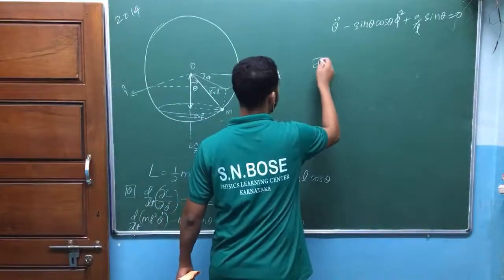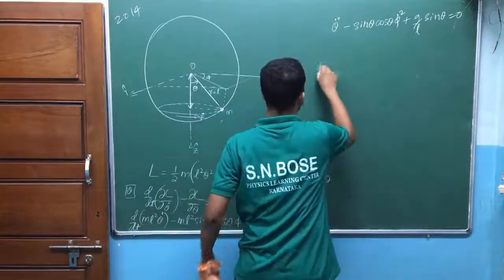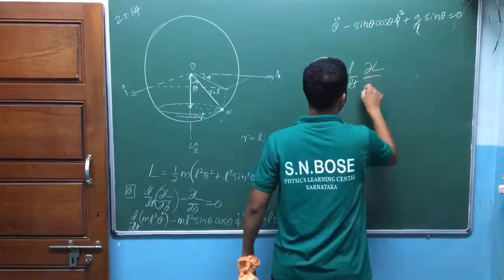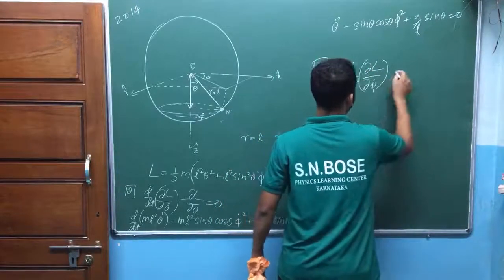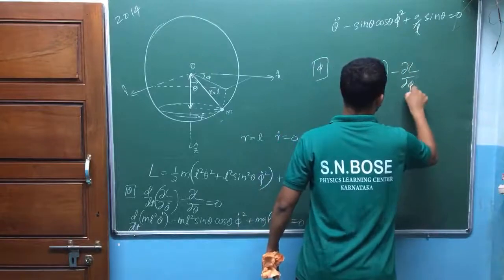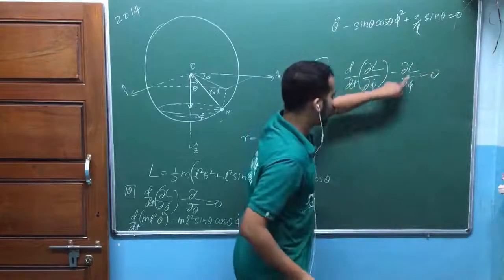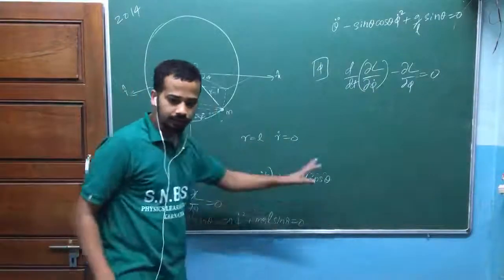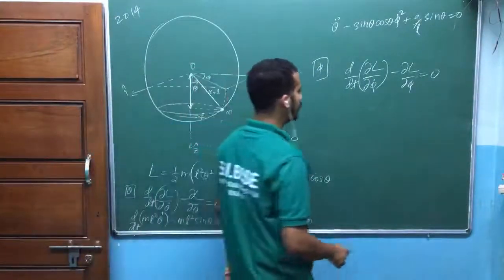I think you can expect a very simple equation. d by dt of dou L by dou phi dot minus dou L by dou phi is equal to 0. Dou L by dou phi is 0 because there is no dependency on phi here. The Lagrangian is independent of phi.